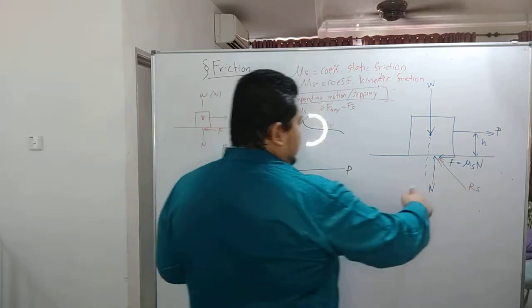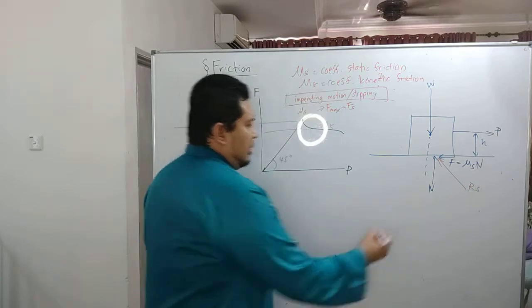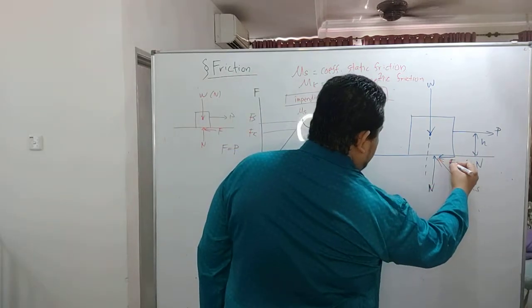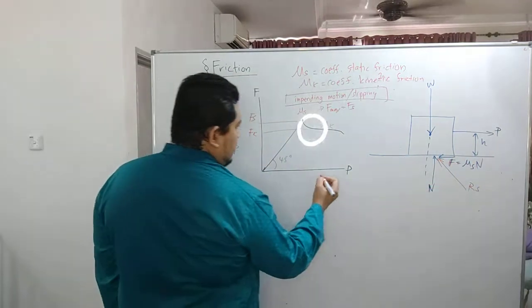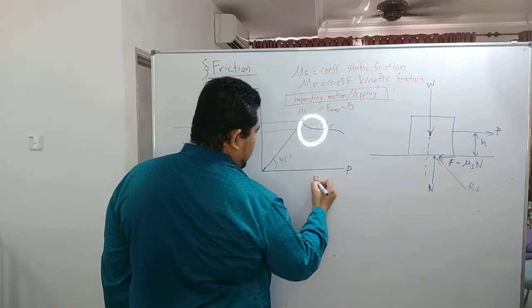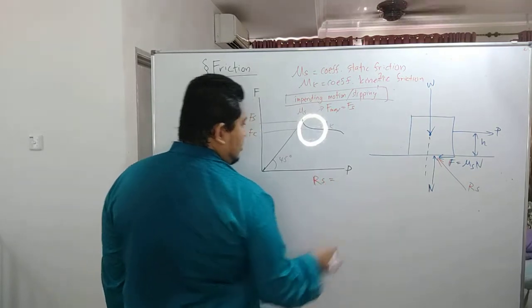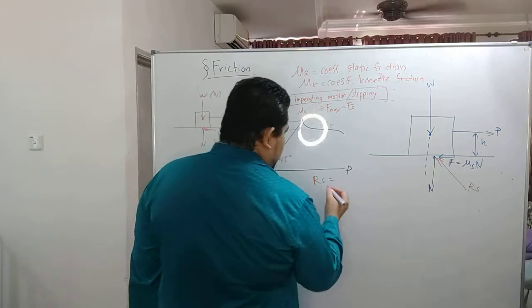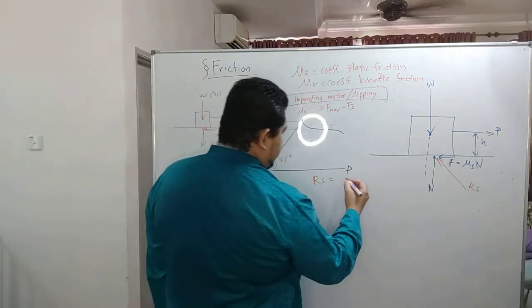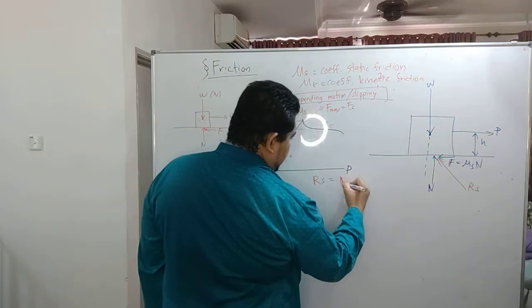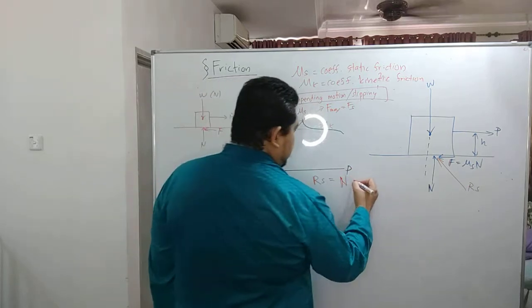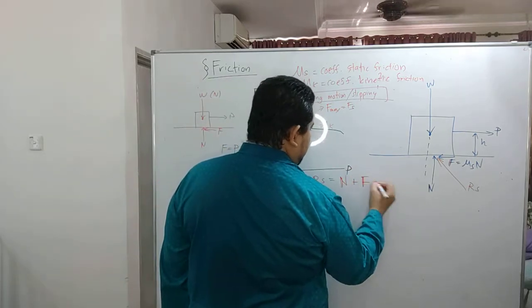So the addition of these two vectors, you should know that Rs, the resultant force, where S means static, is equivalent to the normal force vector plus the friction force vector.